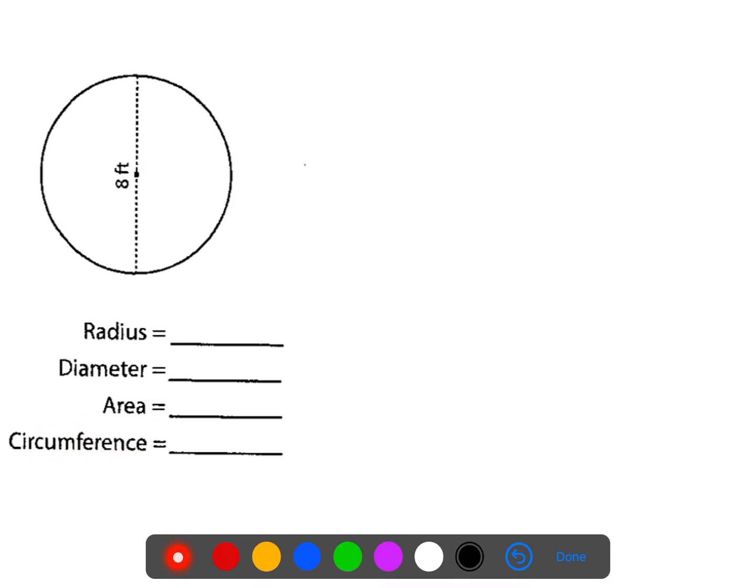So let's write both of those down. Circumference is pi. Let's do 3.14 because that's all our calculations are going to be today. 3.14 times diameter. And area, let me do a different color, is 3.14 times the radius squared.